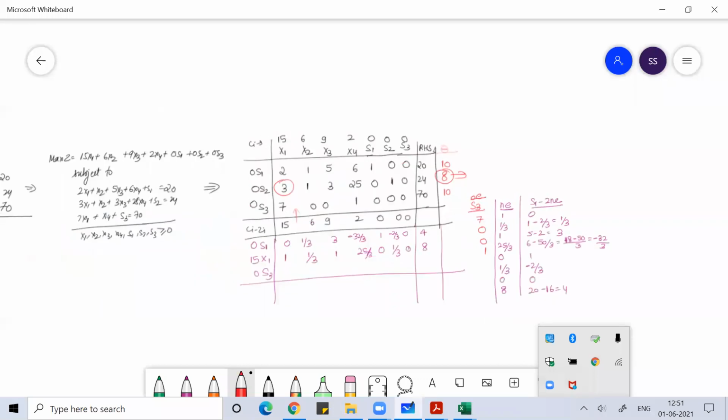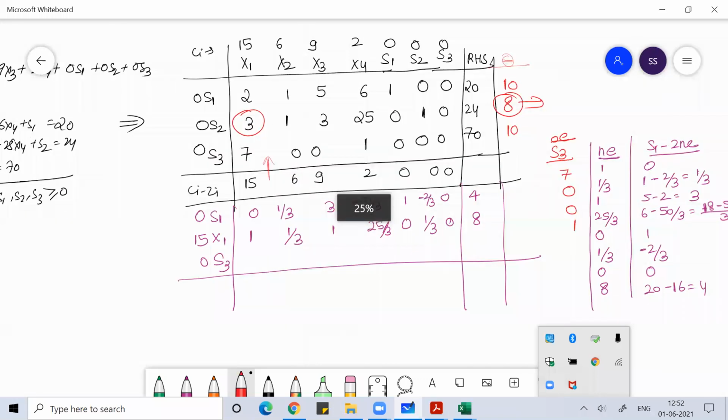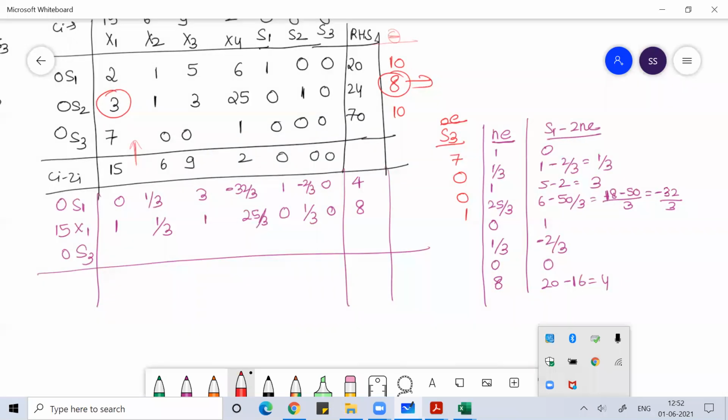So 7, 0, 0, 1, then triple 0, and then 70.